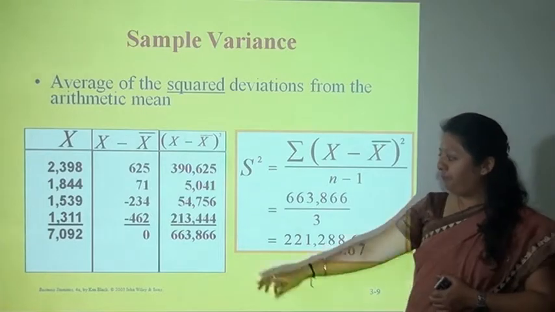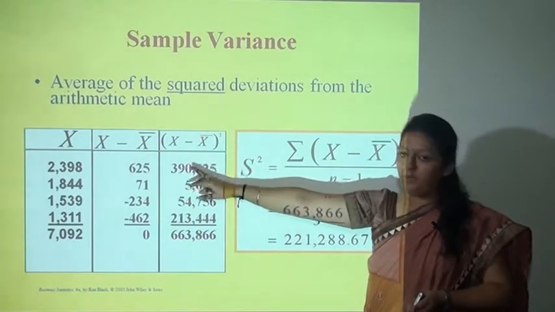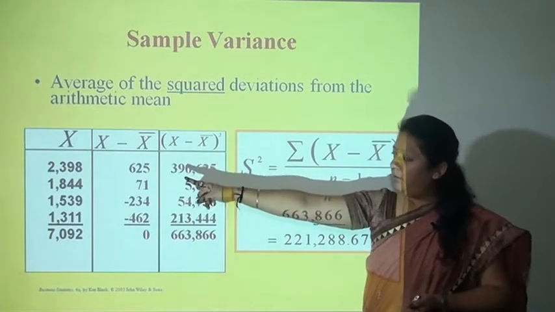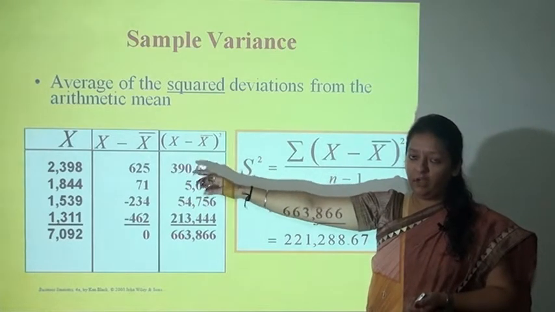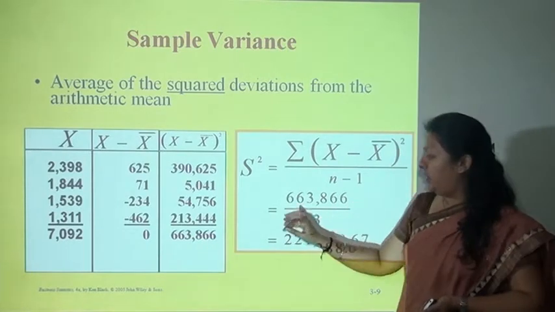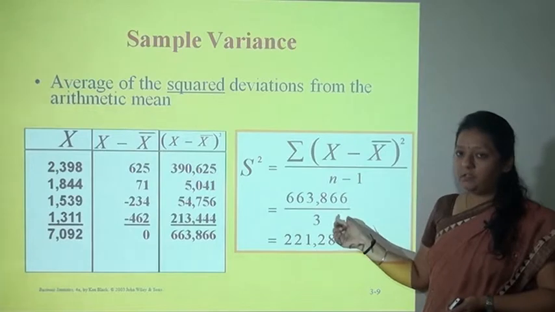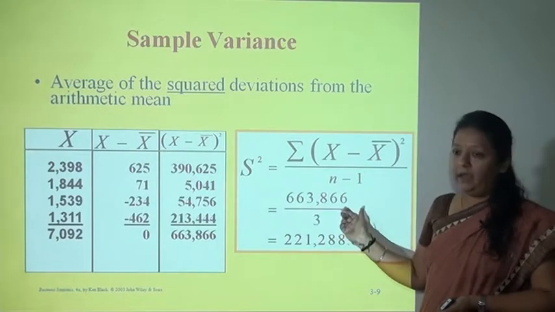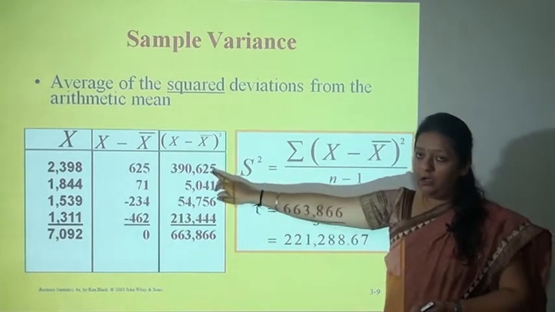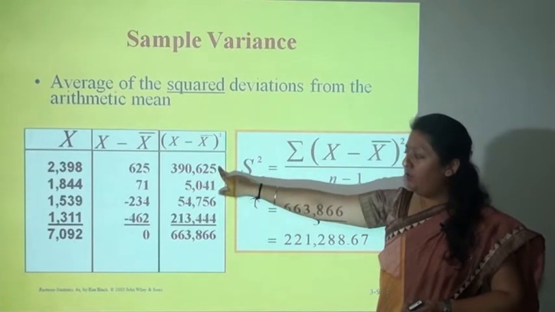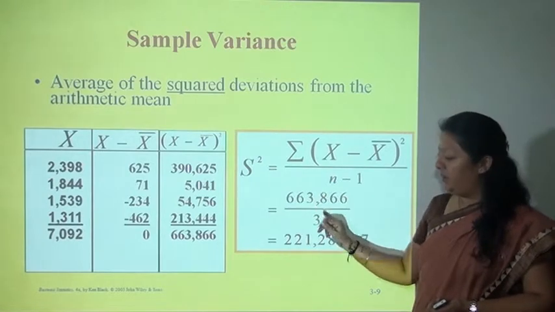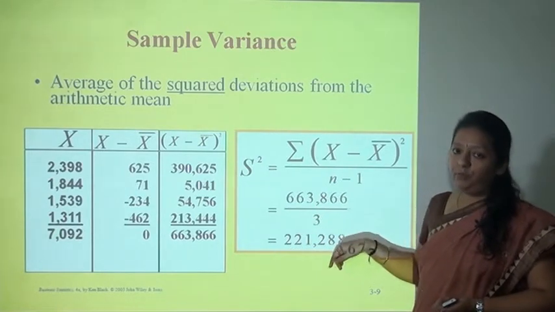Then x minus x bar whole square can be found using x 2398 minus whatever the value of x bar is, and we'll have the value of x minus x bar whole square, that is 663,866, divided by 5 minus 1. Here 4 observations are there, 1, 2, 3 and 4, so 4 minus 1 will be 3. By dividing this, we'll have the value of sample variance.